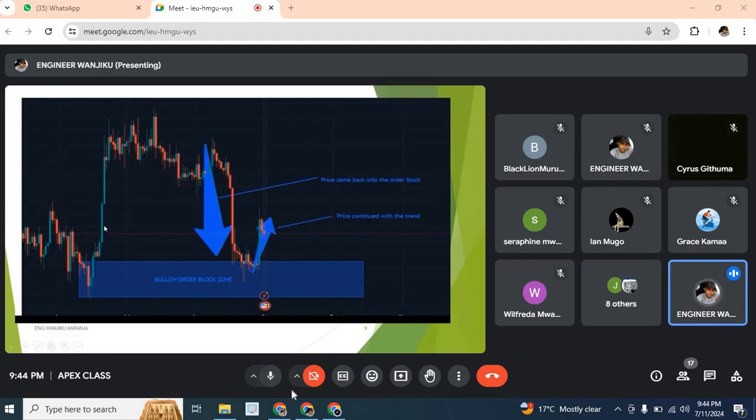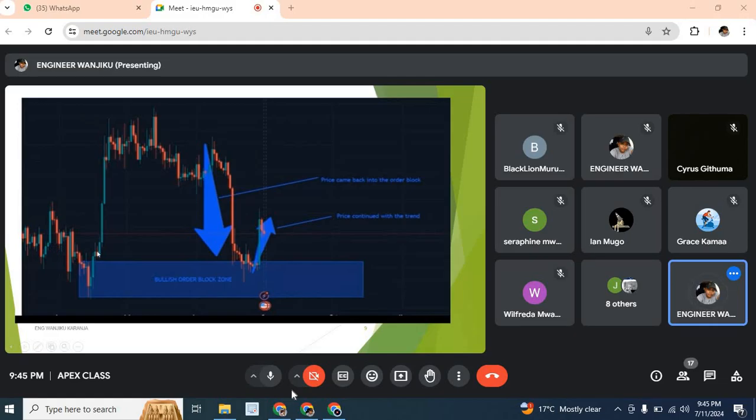For example, at this point, we have a period, or rather a zone, where we had only buyers with next to zero sellers, causing an imbalance. If the imbalance was a green one, it will be mitigated by sellers, because there were no sellers at this zone. The market must come down to fill that imbalance, and the process of the market coming down to fill imbalances is what we call mitigation.